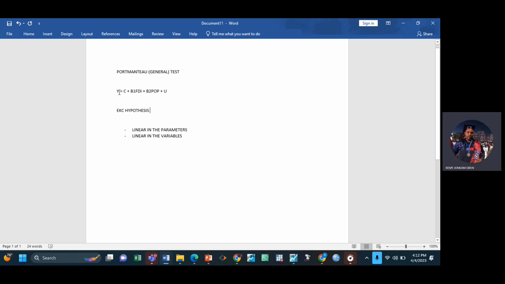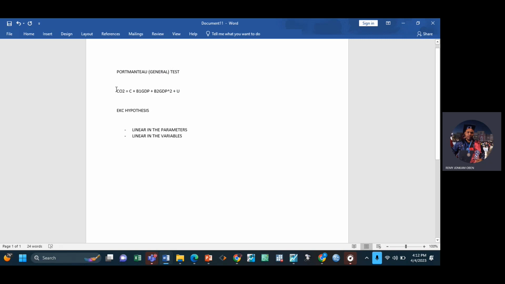So if we are trying to find out what's happening to carbon dioxide emissions, then we can have here GDP, and we can also have here the square of GDP. So we have GDP as a regressor, and we can also have a square of GDP, right?